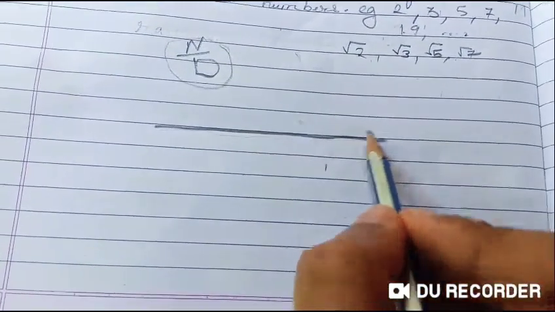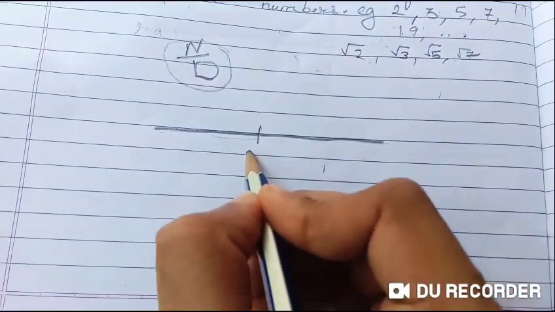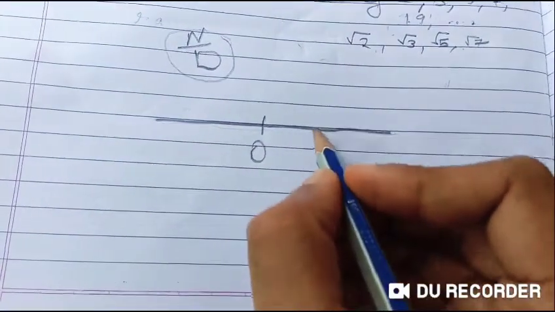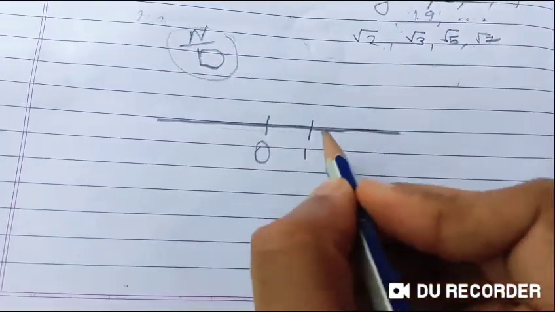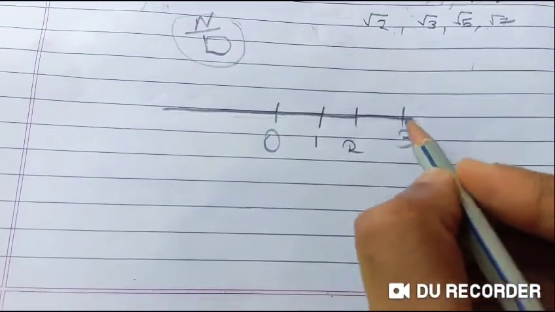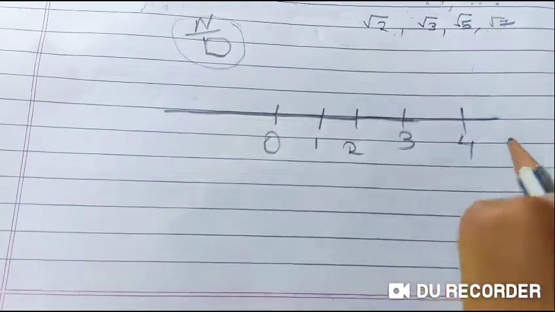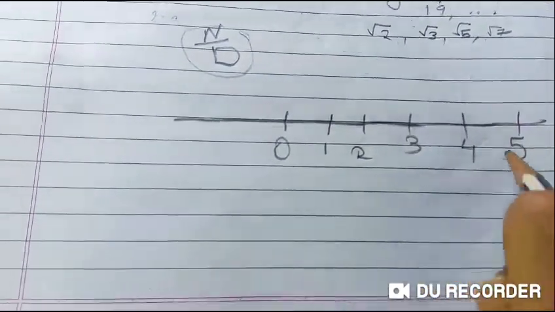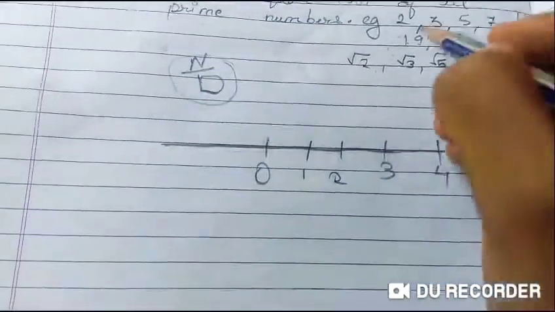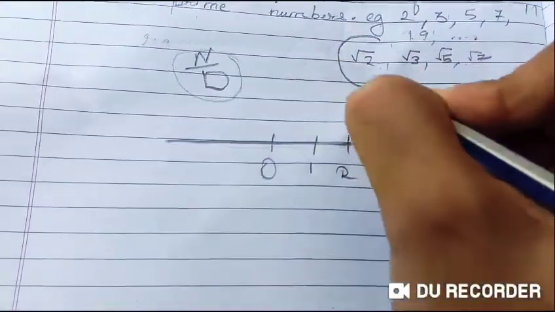Put a 0, then as usual plot 1, 2, 3, 4, 5. Now, for the very first value, this is root 2.